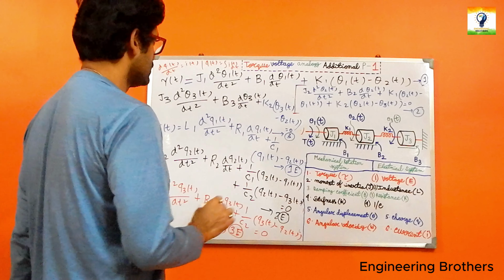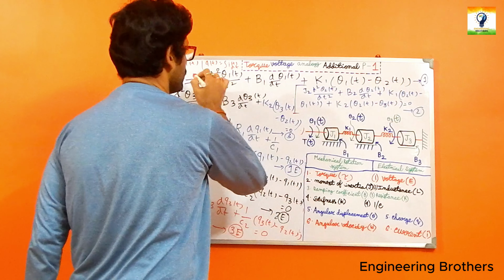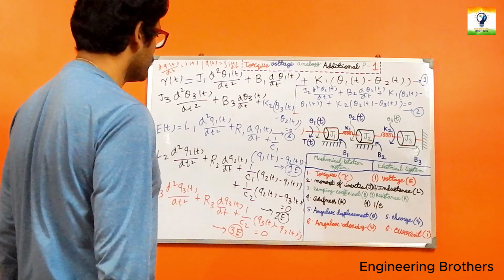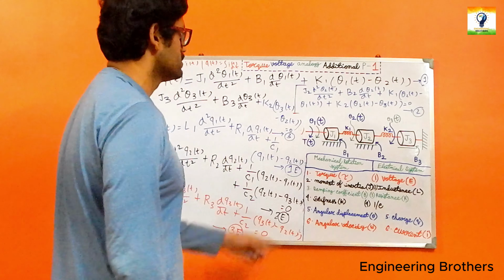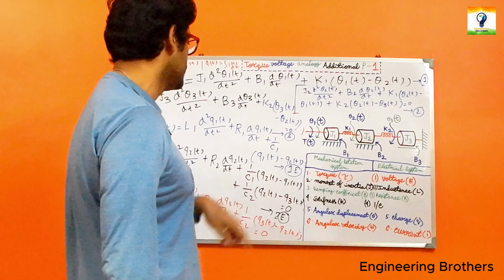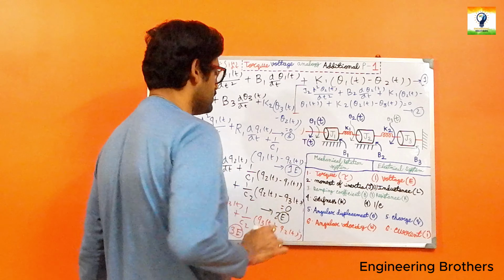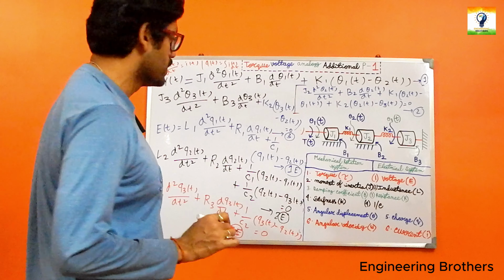There is one equation for our mechanical system that will be converted according to this given table, and we have converted this equation 1 into our equation 1e. 1e signifies our electrical equation 1.